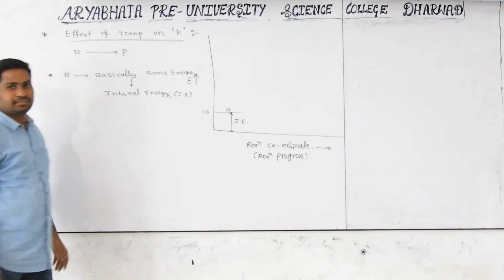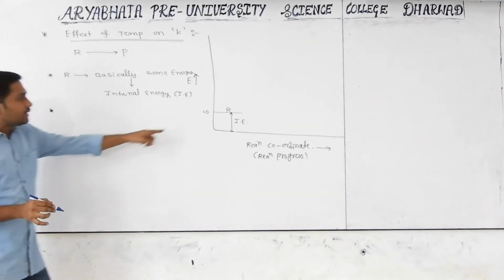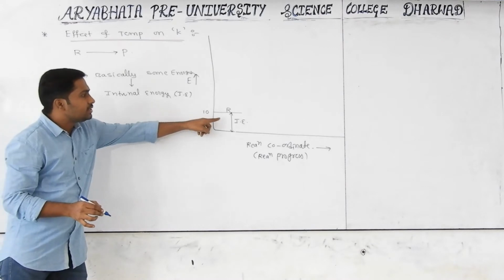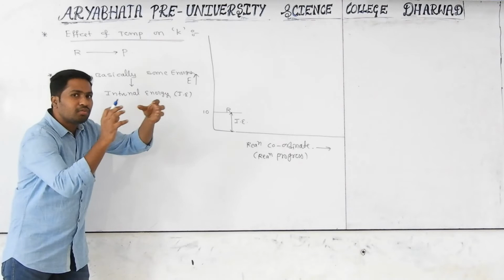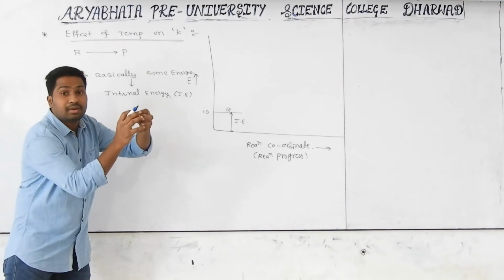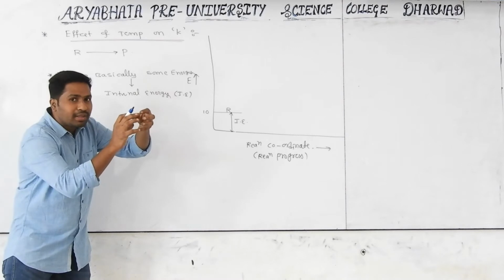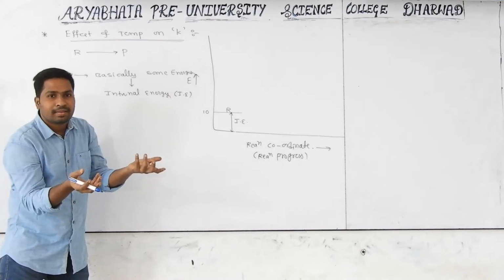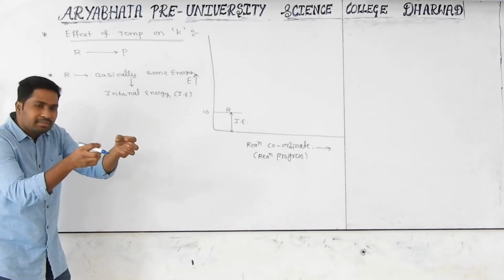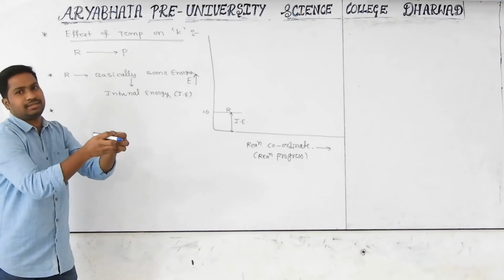Internal energy. Second point I want to tell: with that 10 kilocalories of energy, or that internal energy, the reacting molecules are involved in collisions, that is, bombardments. In those collisions, what happens? They will not form the products. Why? Whatever energy they have is not enough to break the bonds in the reactants.